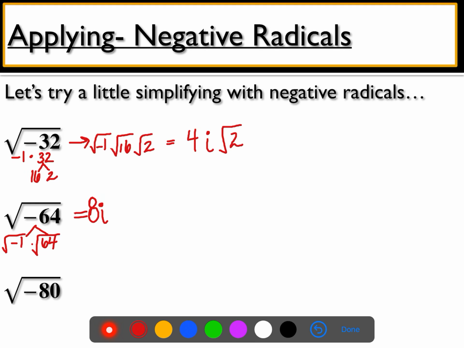And we have one more that we'll do here. The square root of -80. So it's -1 times 80. That takes care of the negative. And then we'll do 80. You always want to make sure you're using the biggest perfect square. So we're going to do 16 and 5.